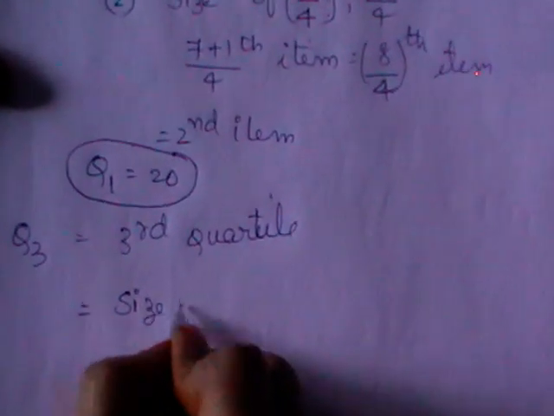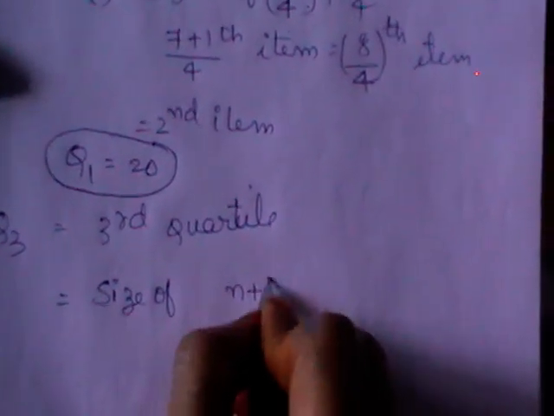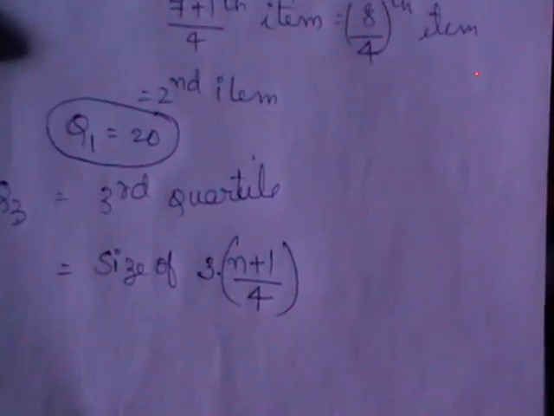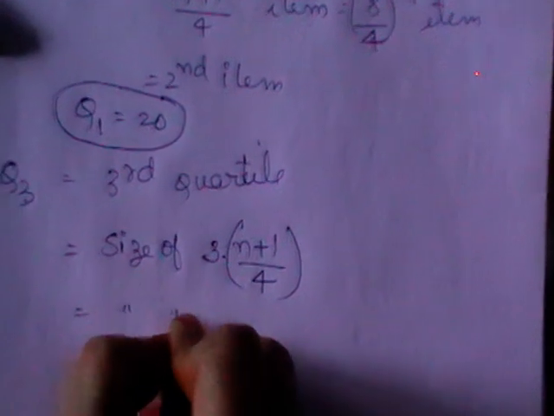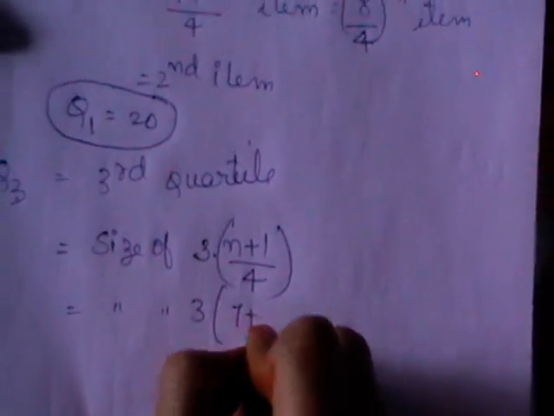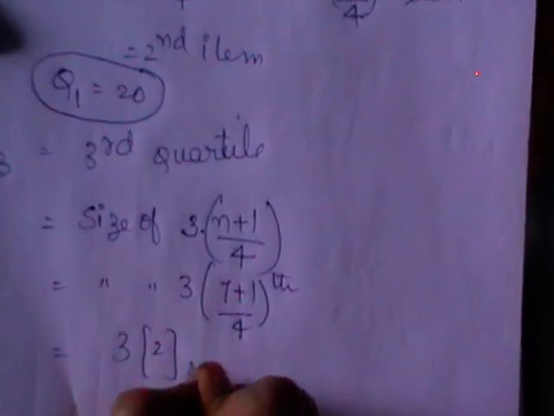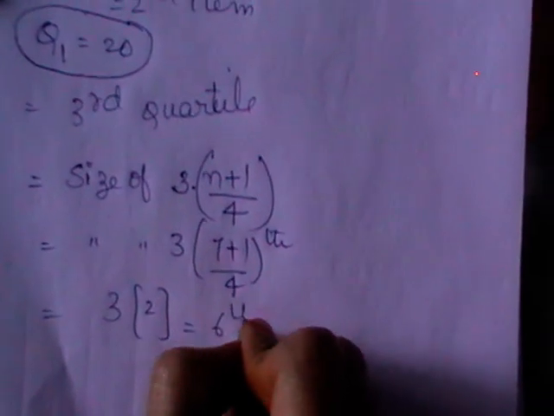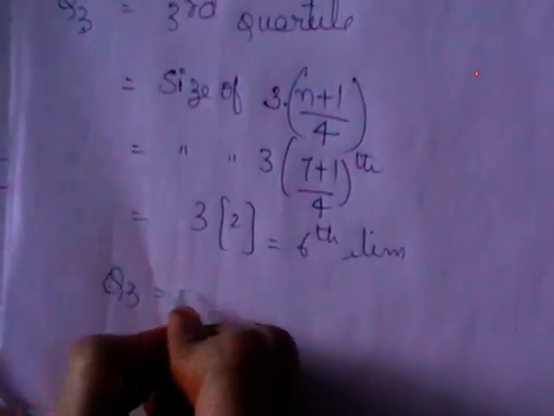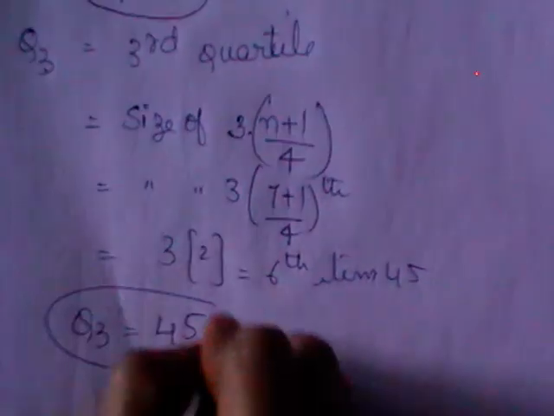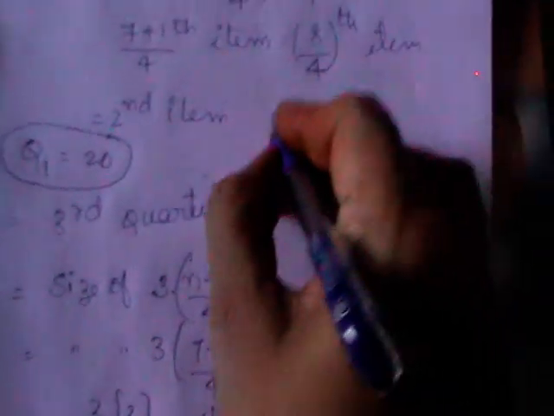Then consider the size of 3 into n plus 1 by 4, that is 3 into 7 plus 1 by 4th item, which is 3 into 2, the 6th item. Counting 1, 2, 3, 4, 5, 6, the 6th item is 45. So Q3 is 45. You have calculated Q1 as well as Q3.